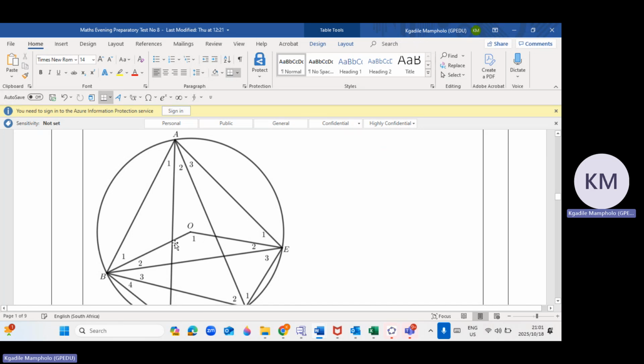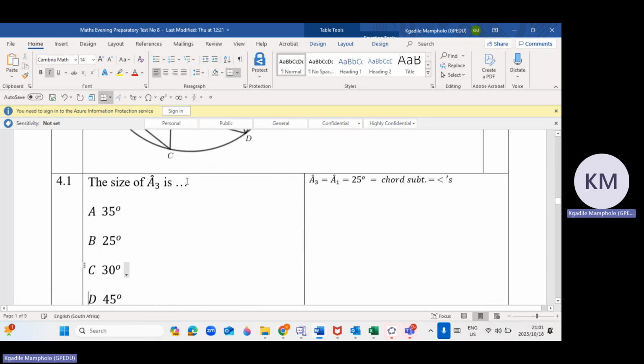But remember, the angle at the center is twice the angle at the circumference, so the angle at the circumference must be 70 because it's half of O1. Since A1 and A3 are both 25, the whole angle must be 70. Then A2 would be 20 degrees.